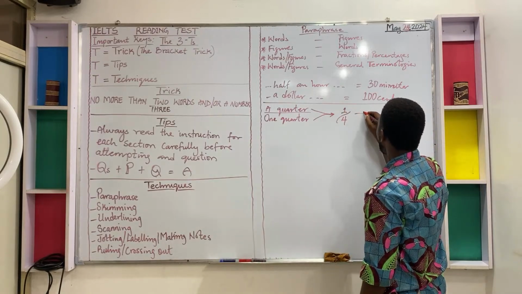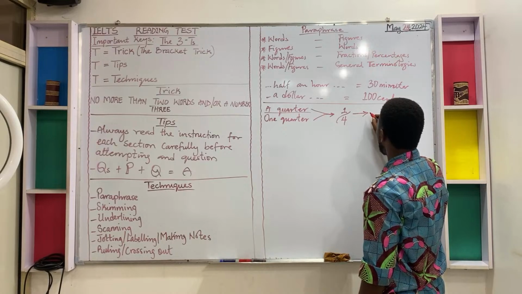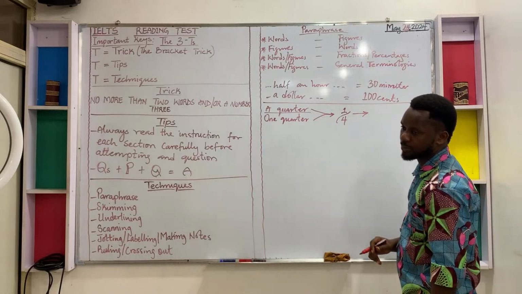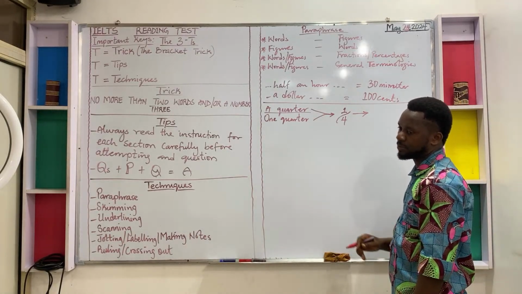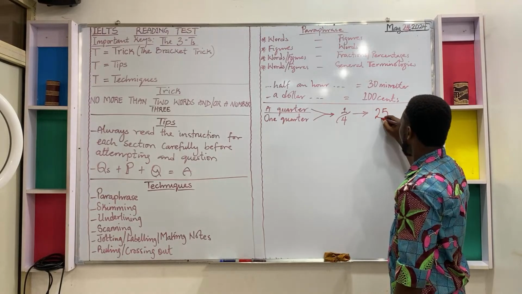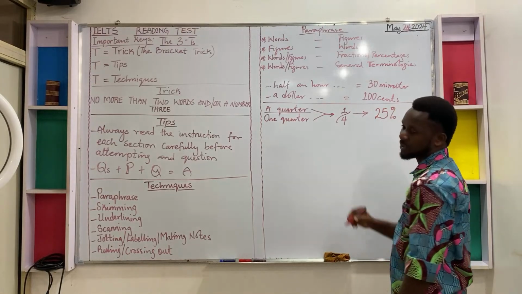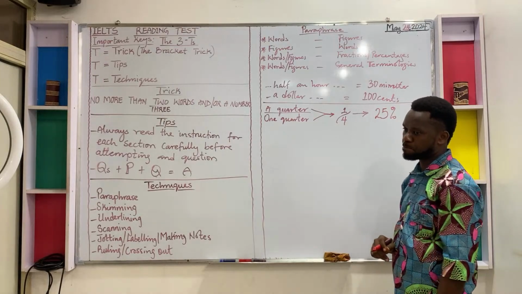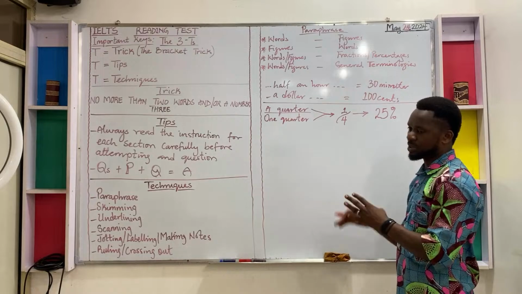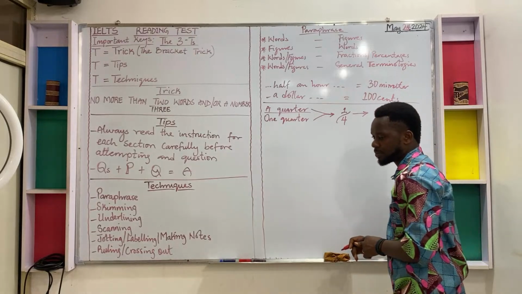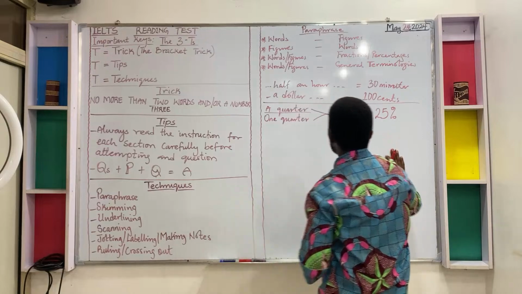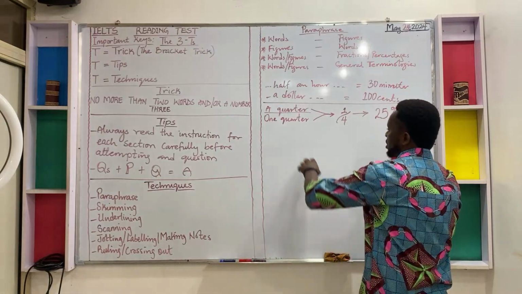Then, how else can we paraphrase this to percentage? Let's look at 25%. So this can be paraphrased, whereas what you have in your passage is 1/4.